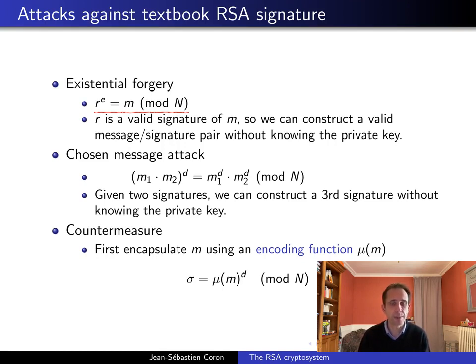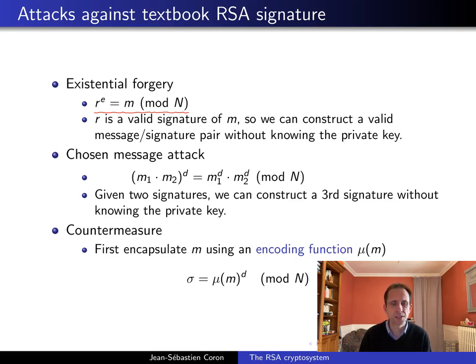And we see here that r is a valid signature of m because the verification equality holds. So this means that we can construct a pair of message and signature without knowing the private key, only from the public key. So this is a first attack, and another attack is a chosen message attack.